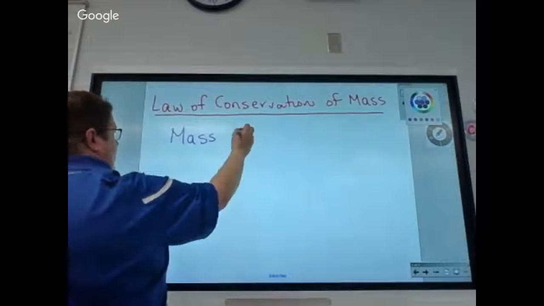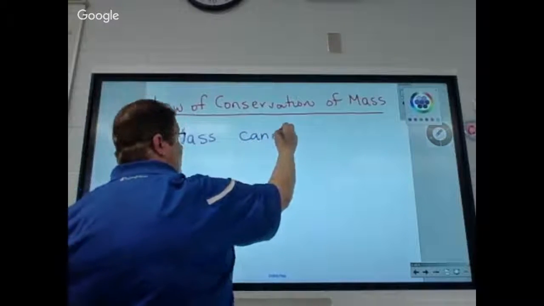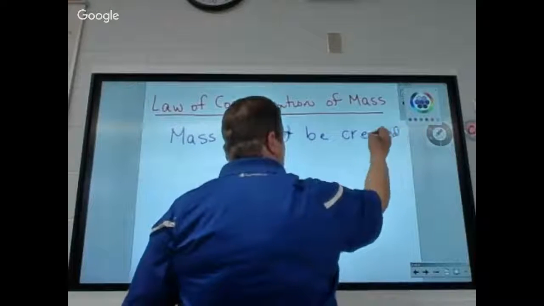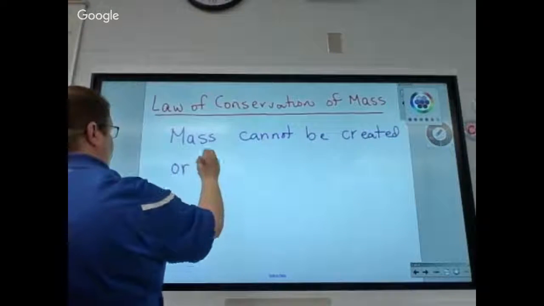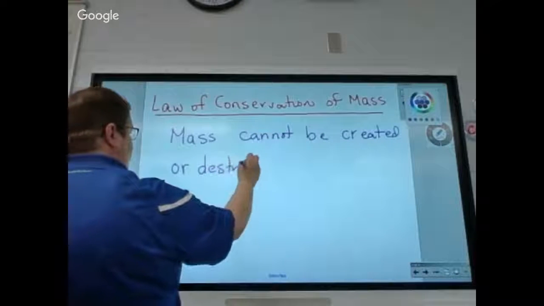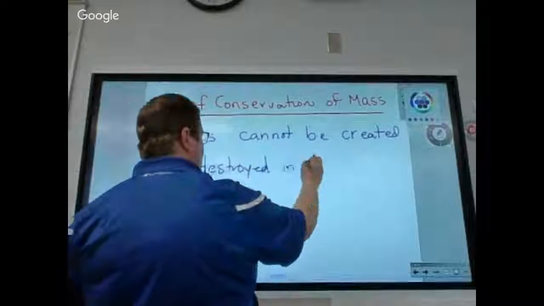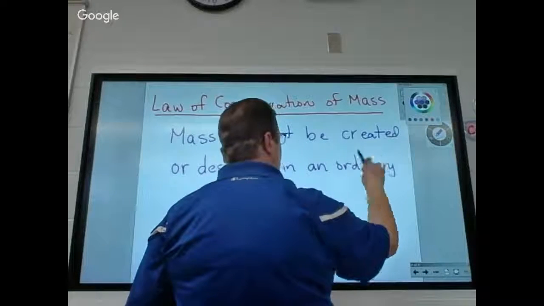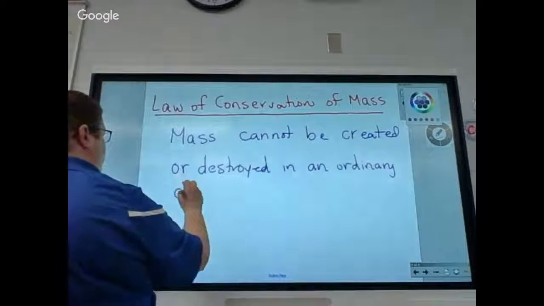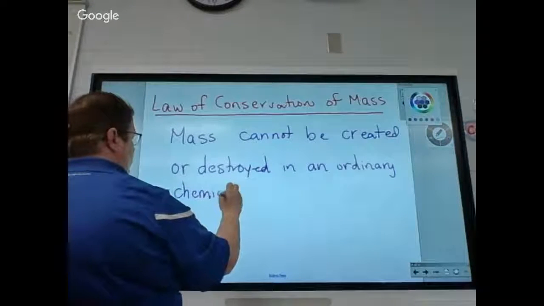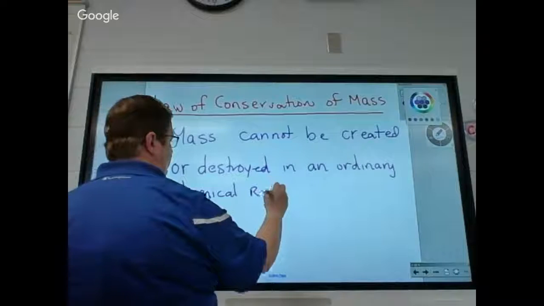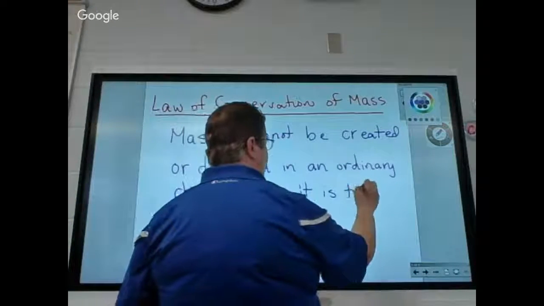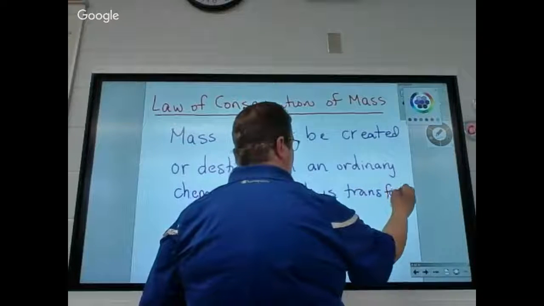Mass cannot be created or destroyed in an ordinary chemical reaction. It is transferred.